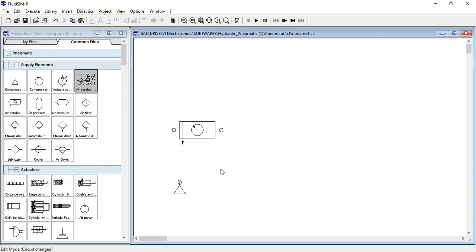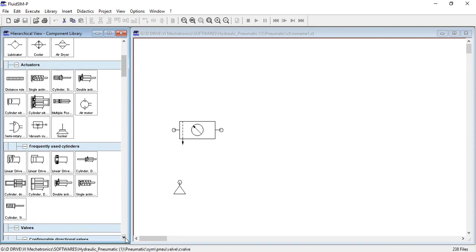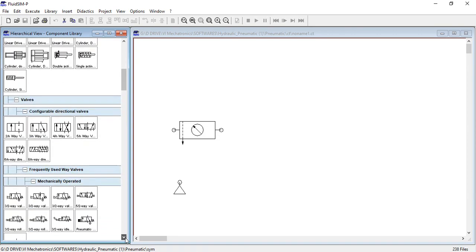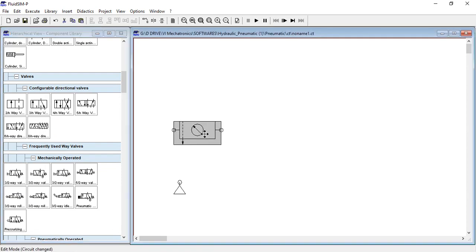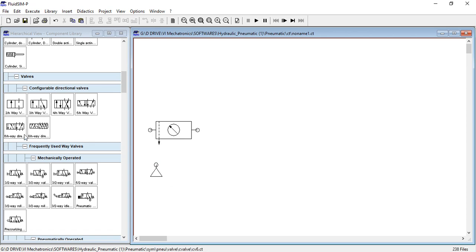Okay. Now the next major element in our pneumatic system are valves. So you have to practice this. You have to practice this, draw this, then only you are going to remember. Because in software there is no need to remember, and you can just recall it by watching the symbol.